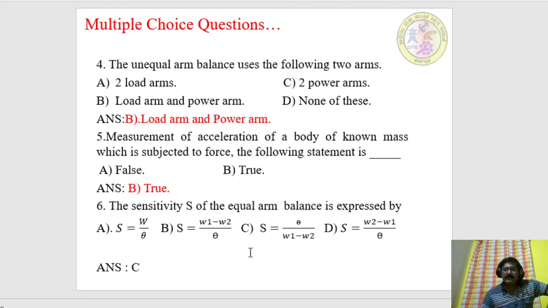Your well-known sensitivity of an equilibrium balance is generally theta divided by delta W. Then A is not the answer, and B is also not the answer. The answer will be theta divided by W1 minus W2. Sometimes they might have given delta W also. That would all be right.